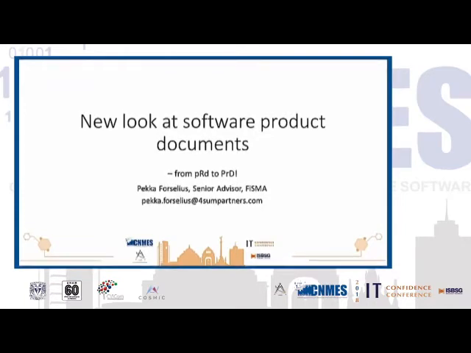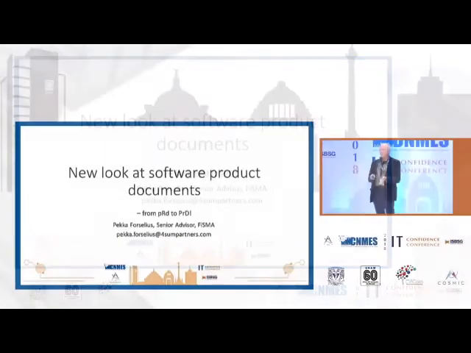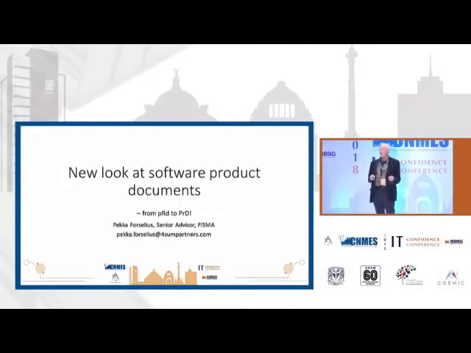What I mean by this is that we have for too long a time in this industry paid too much attention to requirements and too little to document, and also too little to product. PRD stands for Product Requirements Document. It's very commonly known, but usually we only talk about requirements.